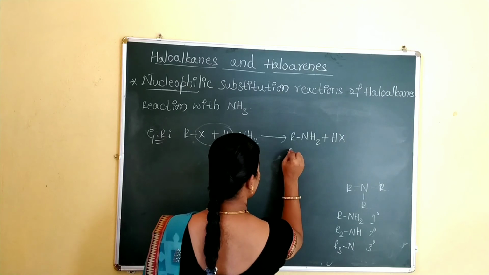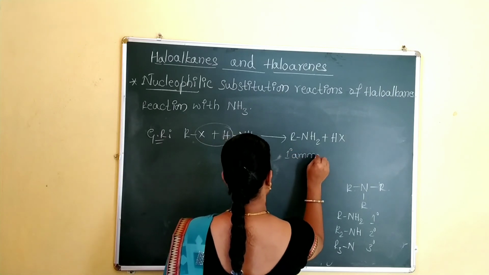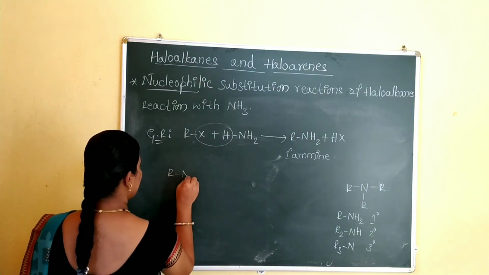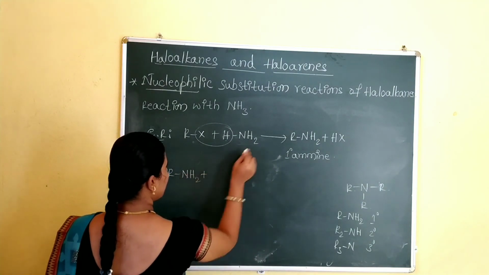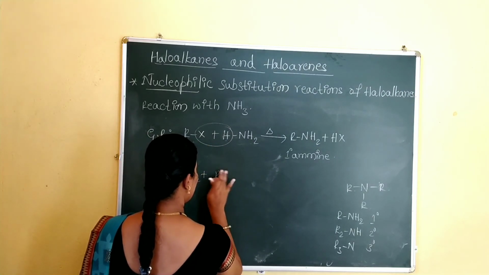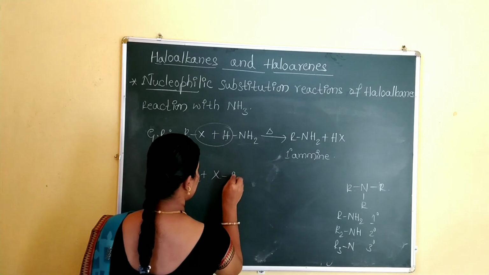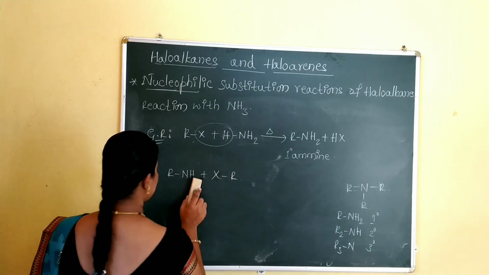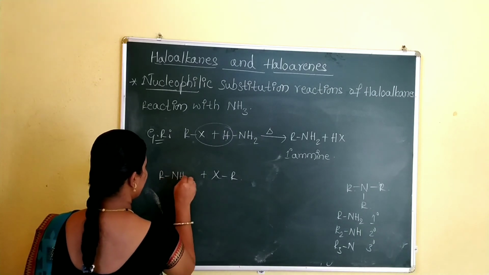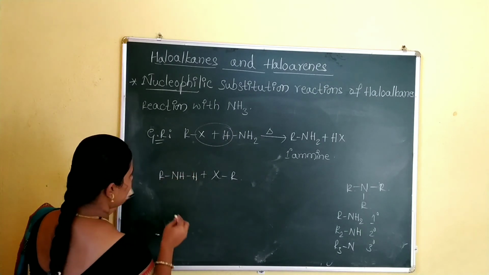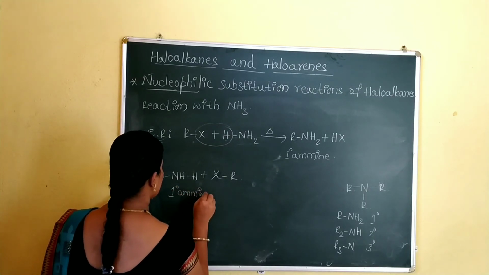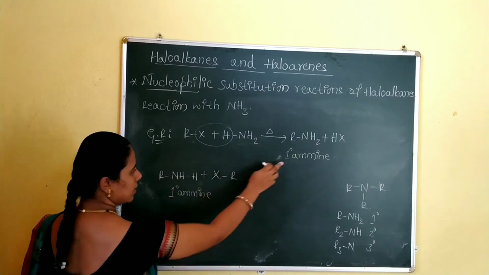RNH2 is primary amine. Again, this primary amine is heated with alkyl halide. For our convenience, I will write like this. RNHH. This is primary amine.